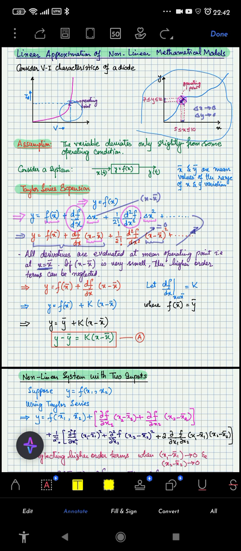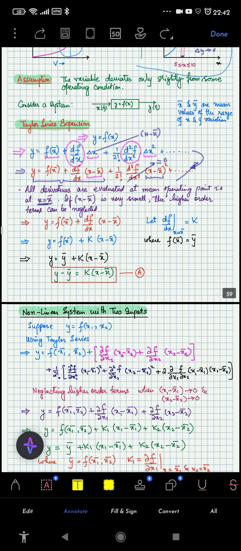So we need to work with the mean point, which is x bar or y bar, the mean value of that range. We will also employ the Taylor series expansion, where y is equal to f of x bar plus df over dx times the change in x.